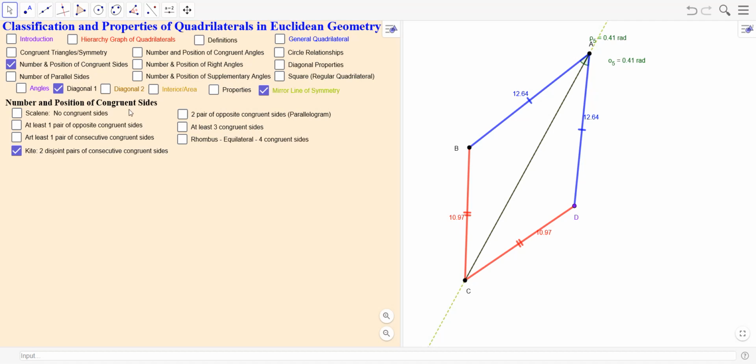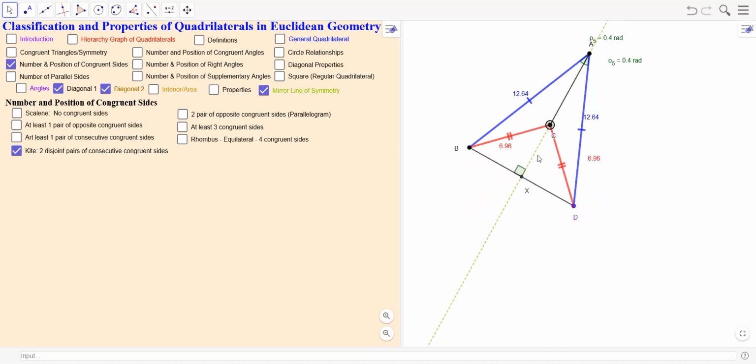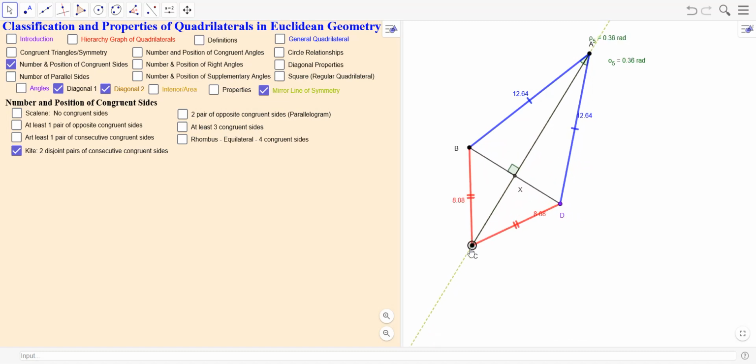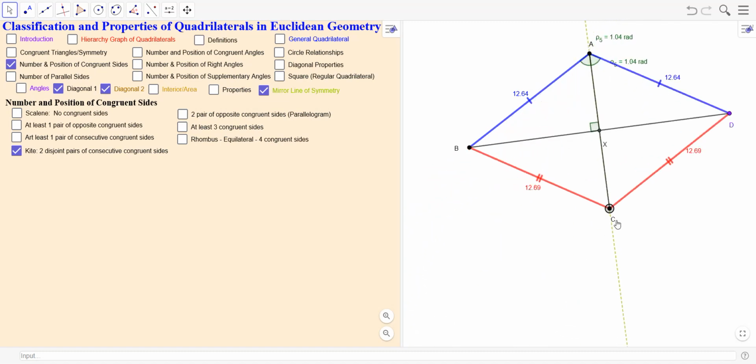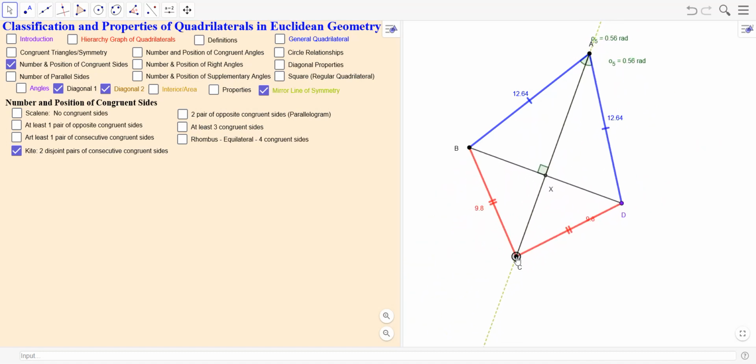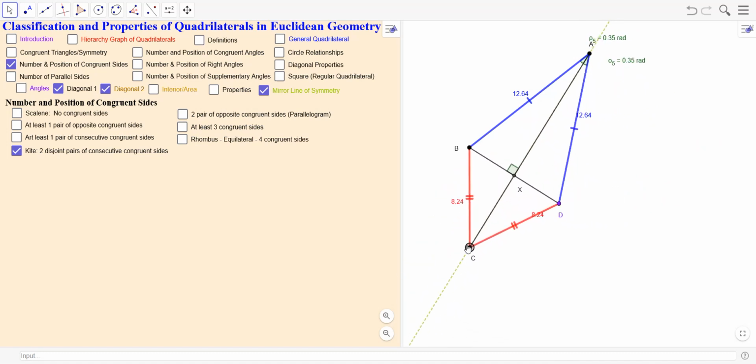So here we have this. Now we construct our second diagonal, and it's even marked here. Let's call this point of intersection X. I made sure that I intersected this line with this diagonal, not just intersecting this line segment with this diagonal here. Not a side, it's a diagonal. Okay, and so we get that, and if you notice, it's marked right here. You always get a right angle.